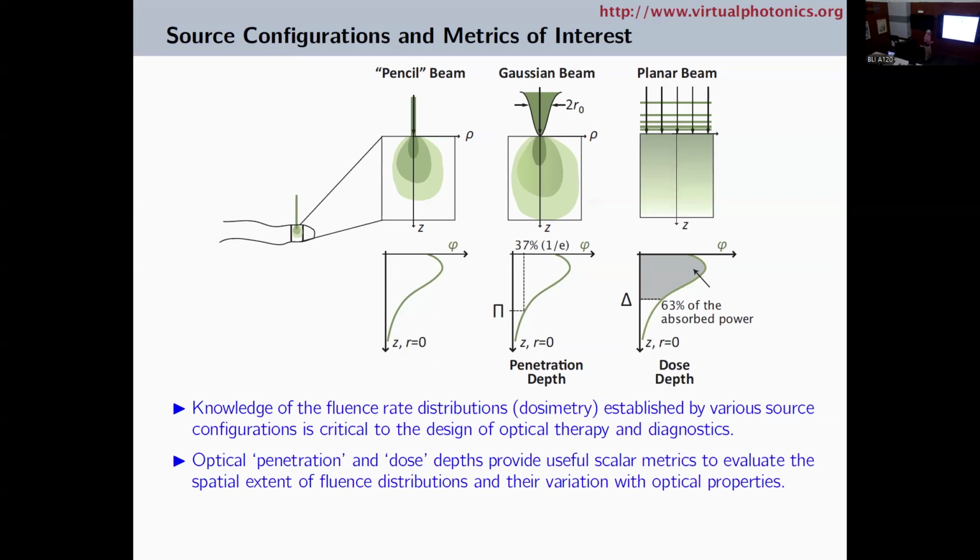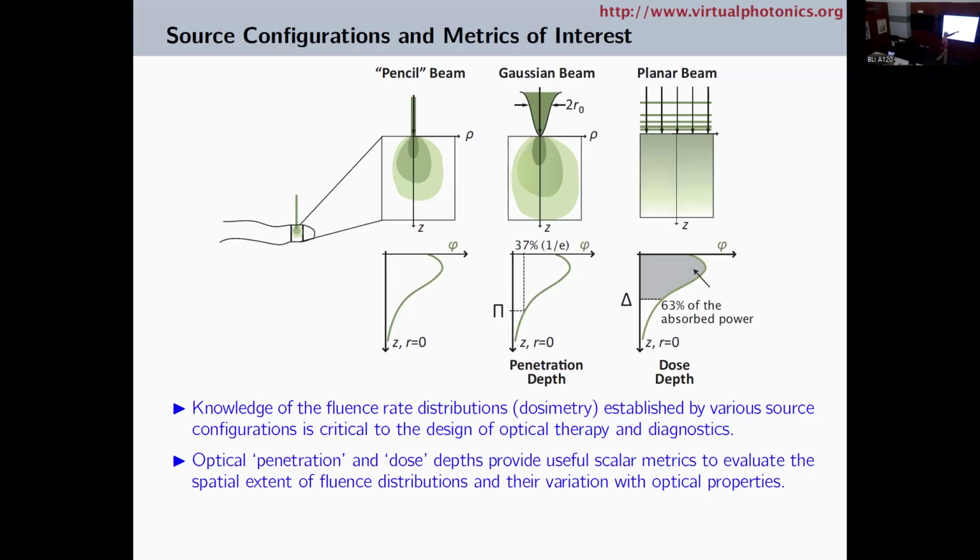But then there are other situations where you're actually more interested in the amount of light that's absorbed. So say that you want to create a temperature rise, or you want to make sure that a photochemical compound gets activated and you need a minimum amount of light. And you want to know where is most of that light absorbed.